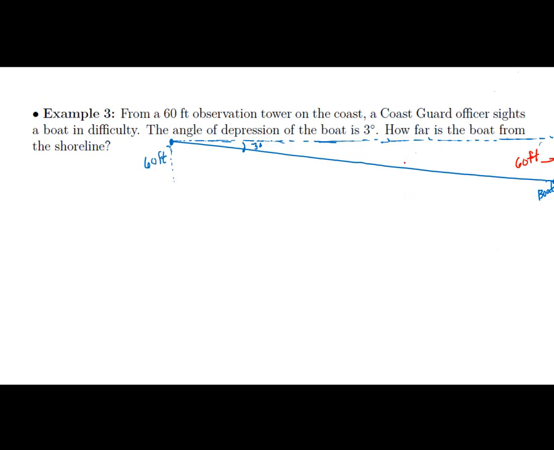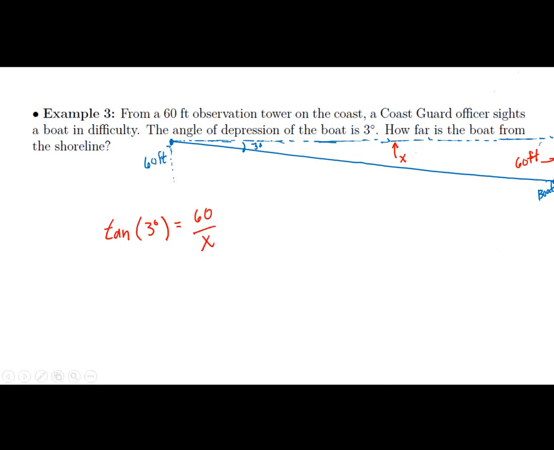And so if we want to know how far out the boat is, then we are looking for this side, x. So I can just look at what I've got here. I know the opposite. I want to know the adjacent. So this gives us that the tangent of 3 degrees is equal to 60 over x.